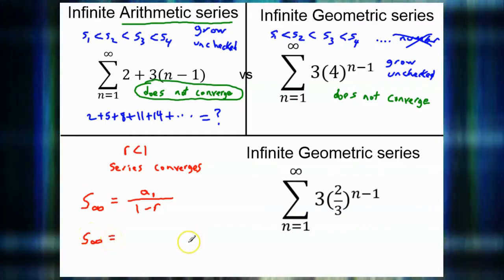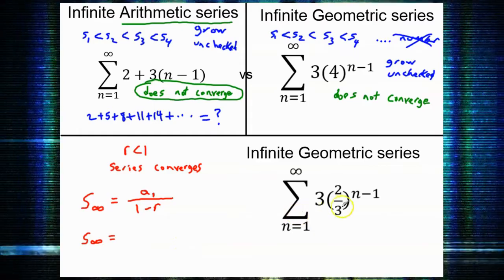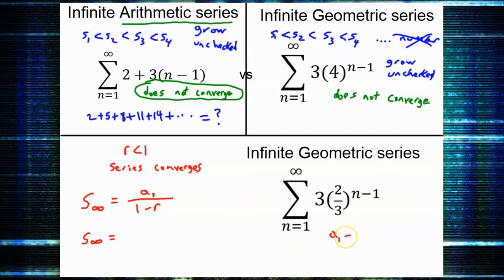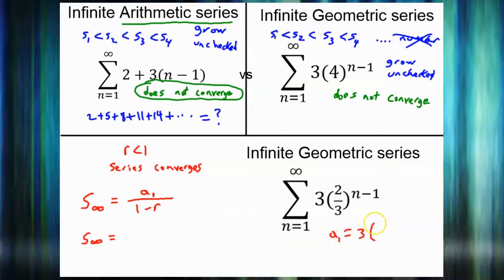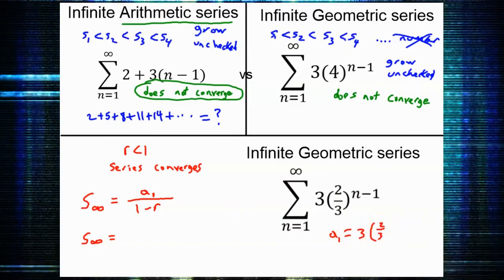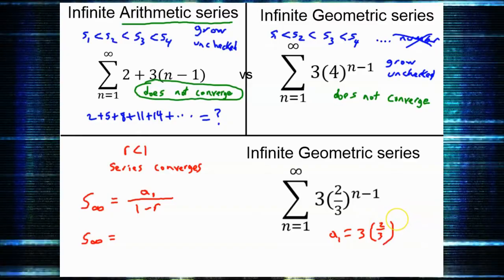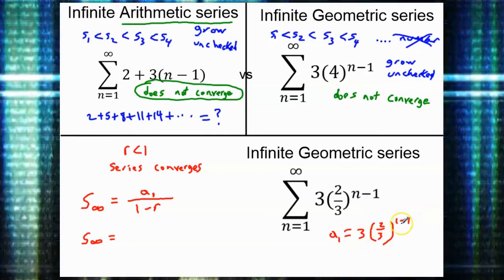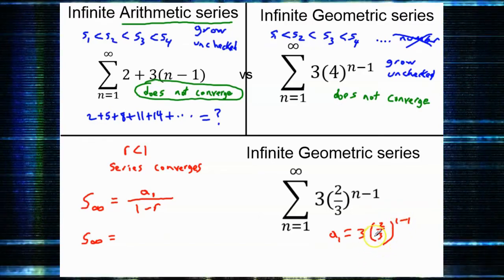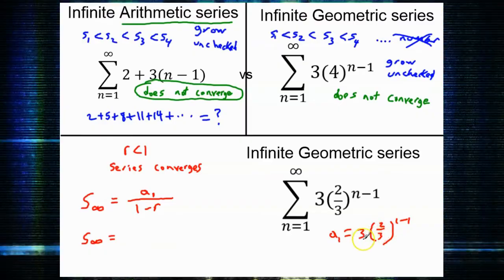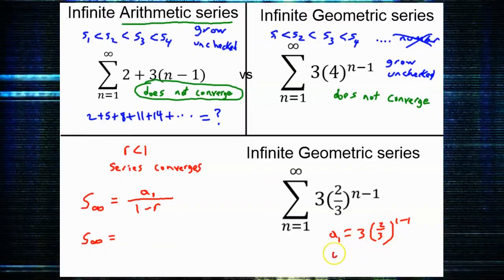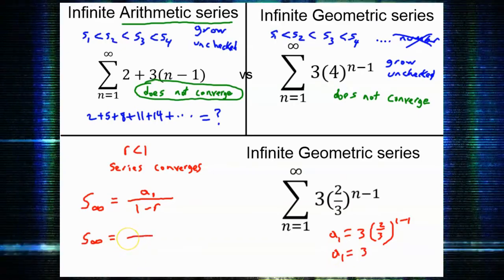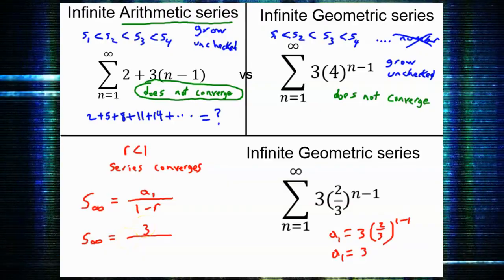So s sub infinity is going to equal, now we need to substitute 1 as our n value so we can get a sub 1. So a sub 1 equals 3 times 2/3, and we replace the n with 1. So 1 minus 1 is 0. 2/3 to the 0 is 1. And 3 times 1 is just 3. So a sub 1 is 3.